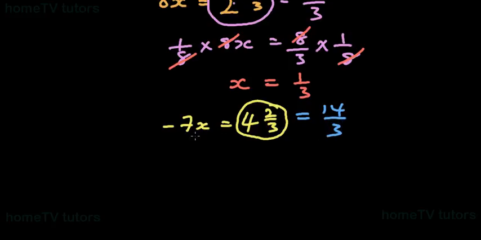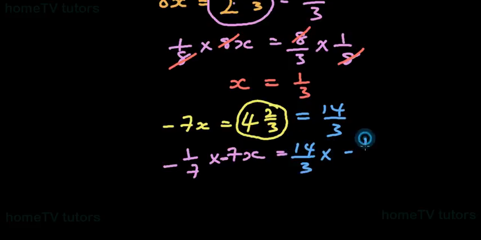So now we multiply both sides by the inverse of minus 7. On the left hand side we have minus 1 over 7 times minus 7x, which is equal to 14 over 3 times minus 1 over 7.